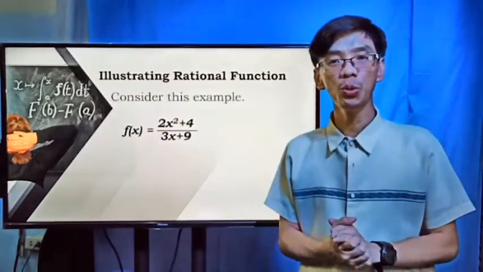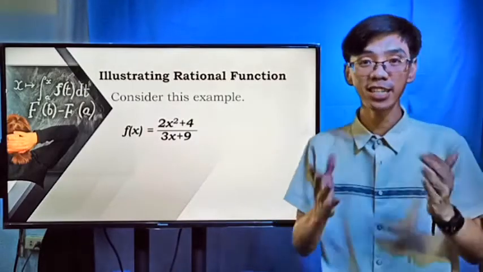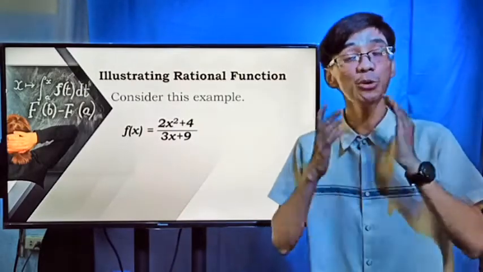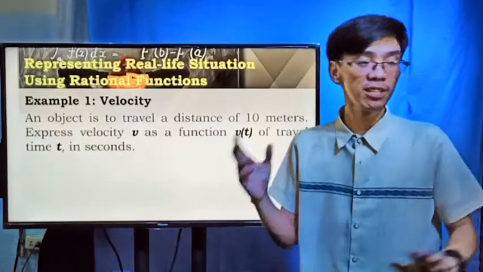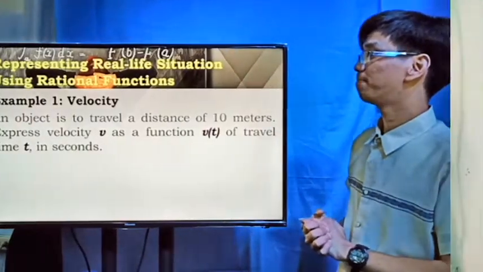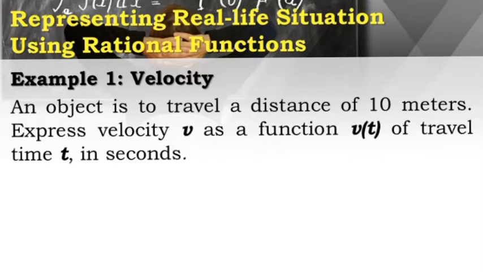Now that we know what a rational function is, let us now represent this function in real-life situations. To show that, let us consider some examples. For example, number 1, let us represent a rational function in a real situation using a velocity problem.